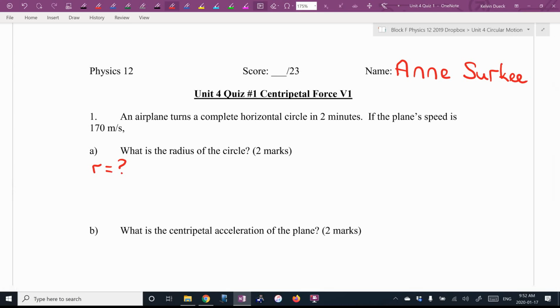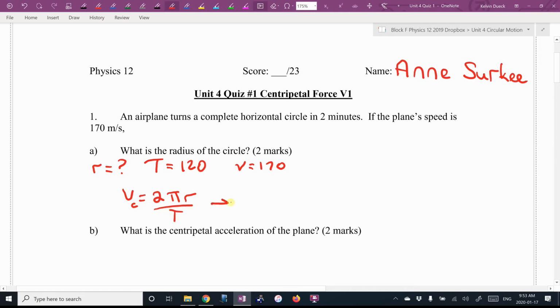Well, they gave me the period. It's 120 seconds, 2 minutes. They gave me a speed. Oh, I said, you know what? I can do this. Centripetal speed is 2 pi r over the period. So I just got to get the r by itself.